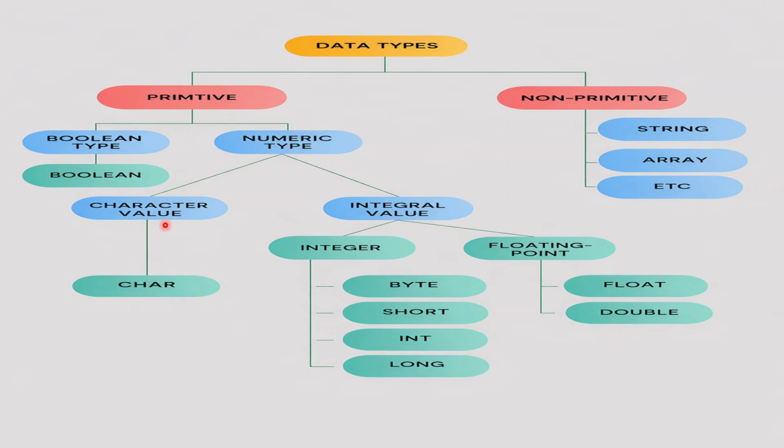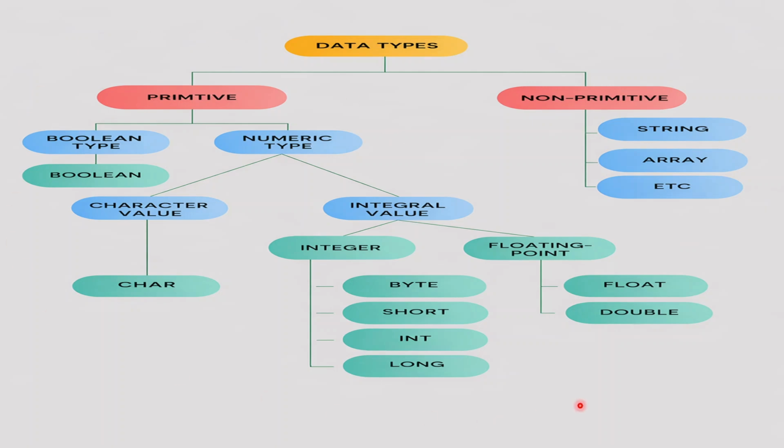First is character value and second is integral value. In character value we have the character data type, and integral value is again divided into two categories: integer and floating point. In integer we have byte, short, int, long data types, and in floating point we have float and double data types. So this all covers primitive data types.